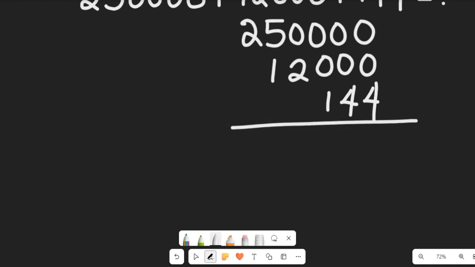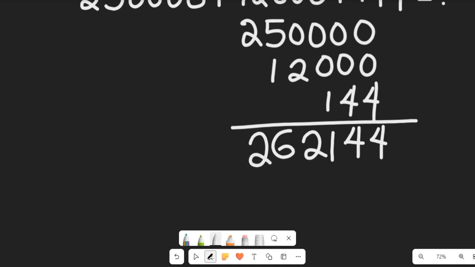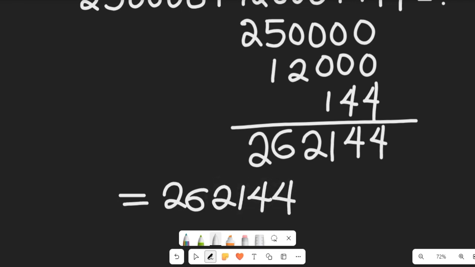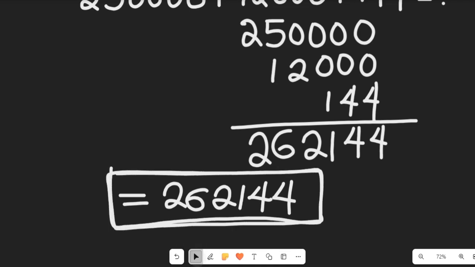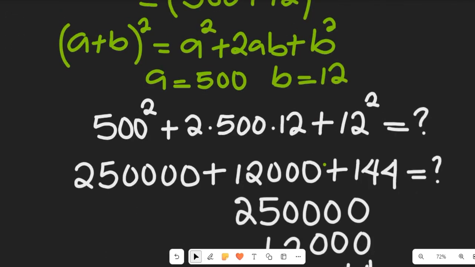My solution is going to be 262,144. So the solution to that expression is 262,144. And that is the solution to the complete evaluation of that square root expression that is given to us up here.